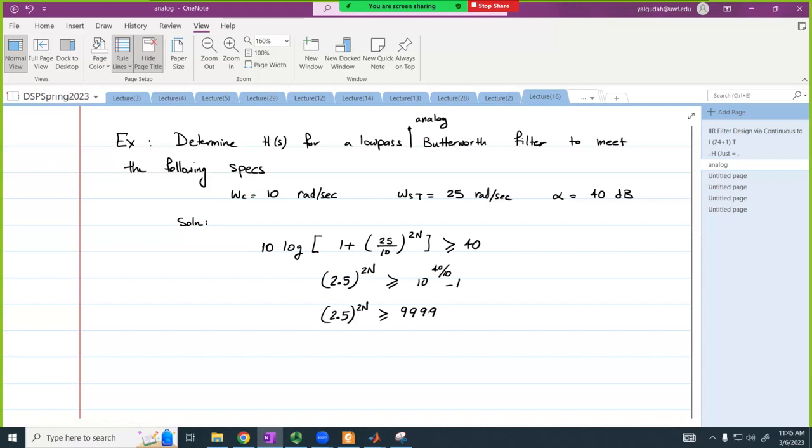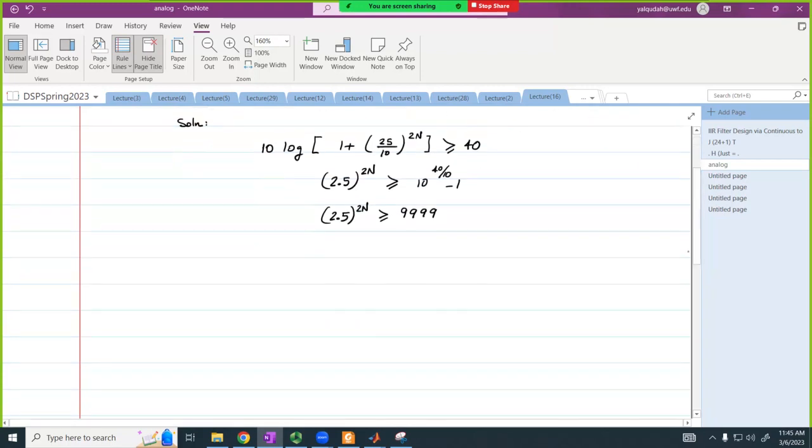Together? Okay. So we can either solve for this and get the value of n, or we can plug in different values of n. If n is equal to 1, this is going to equal 6.25. This is less than 9999, so this does not work. N equal to 2, this is going to be 39. It is less than 9999, does not work. N equal to 3 is going to equal 244, which is less than 9999, which will not work.